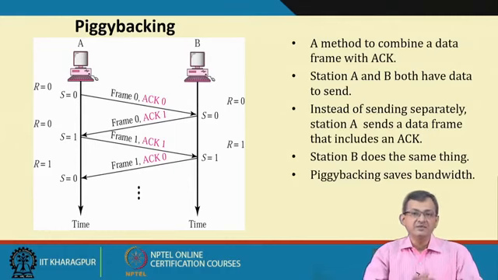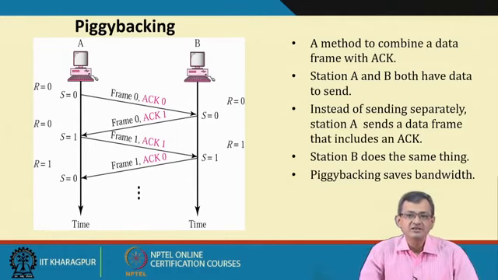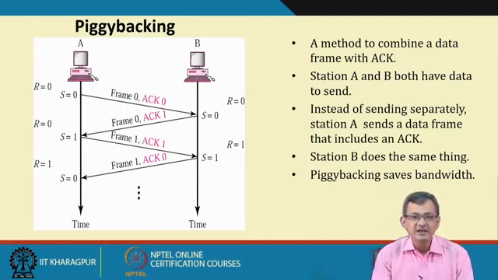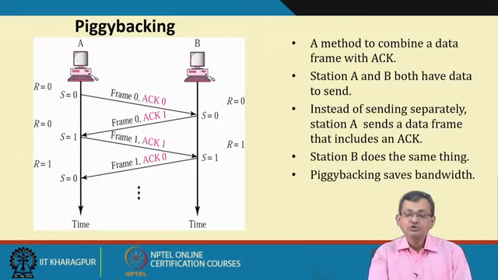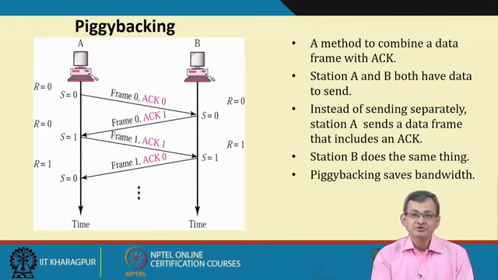There is a concept of piggybacking, right. Sending data and acknowledgement separately eats away space. Where we have two-way communication, like station A and B both having data to send, there is a method to combine the data frame with the acknowledgement: the data frame itself carries the acknowledgement. So the acknowledgement frame piggybacks on the data frame.